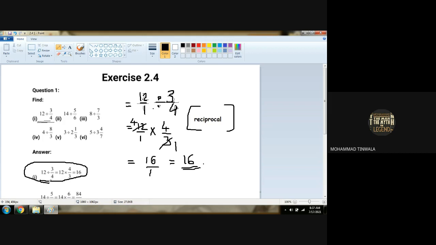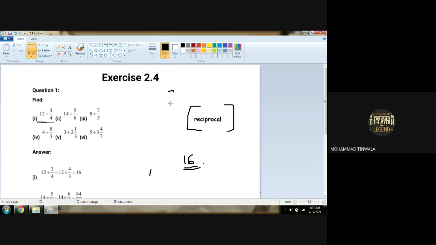16. So will you be able to do the rest of the sums? Yes, sir. Now check out which one you feel is tough for you. I will solve that sum for you, out of this. Come on, boys. First sum I did. Now which sum would you all like me to do in the class?